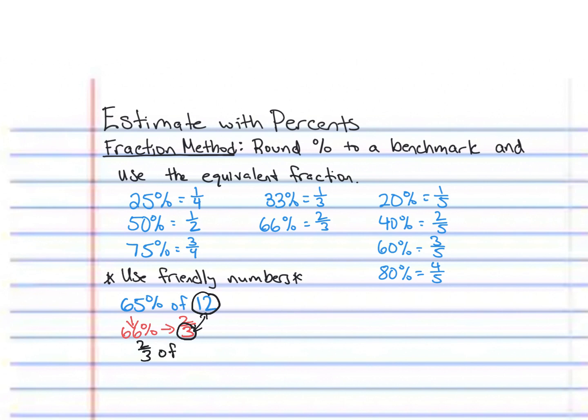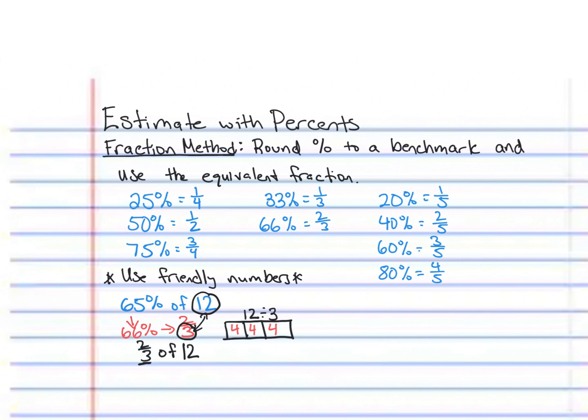2/3 of 12. And if you want that visual to go with it, okay, we have our bar. Our bar represents 12. Because we're looking for 2/3, I'm going to cut it into 3 parts, or take 12 and divide it by 3. So each part has a value of 4.